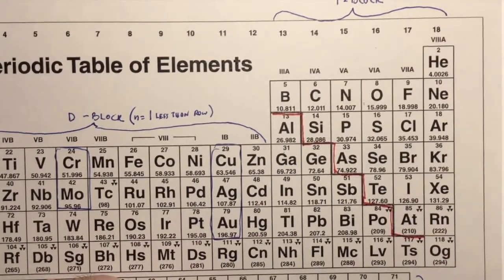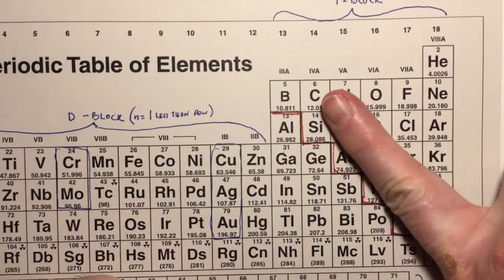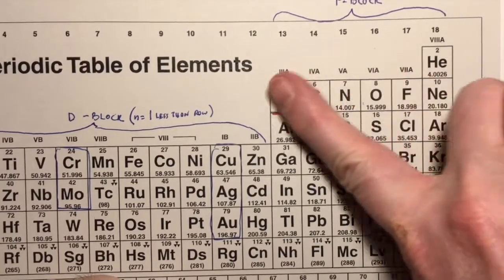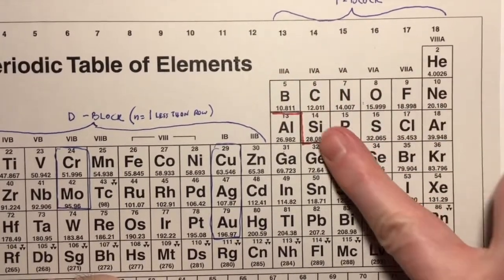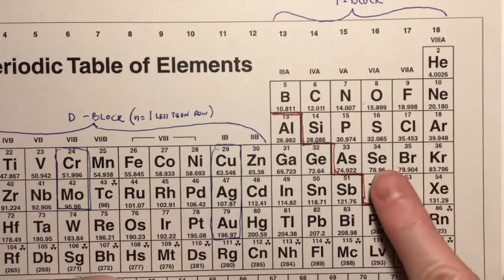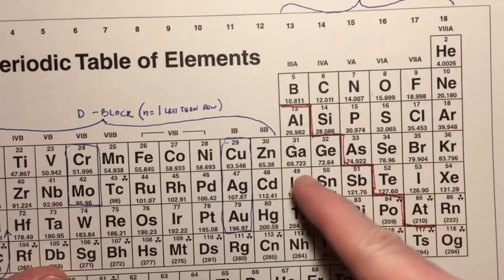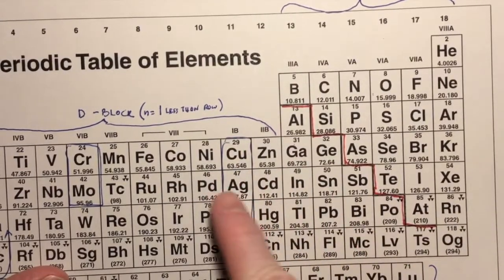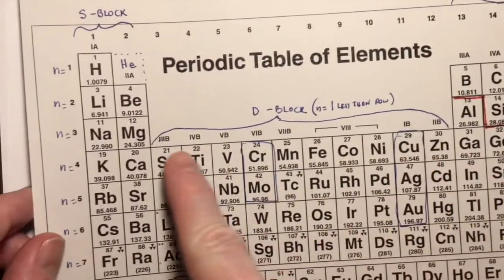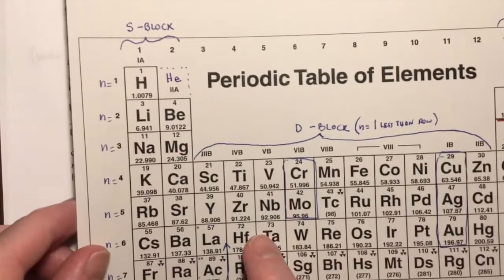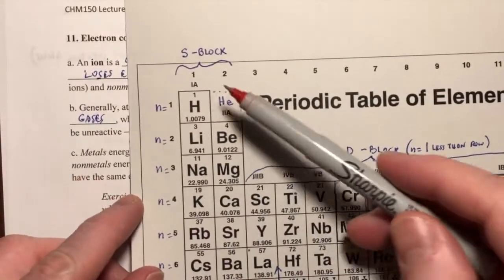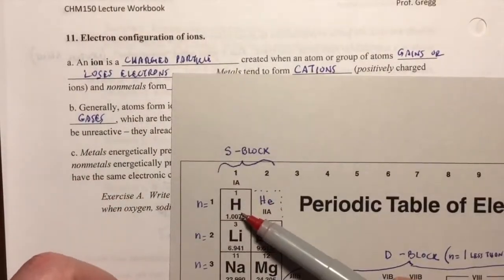I just want you to remember that if an element is to the right of this stair step, then it is a nonmetal. And if it is to the left of this stair step, all of these over here, it is a metal. The one notable exception is hydrogen.